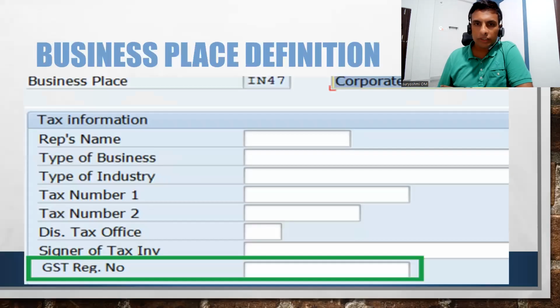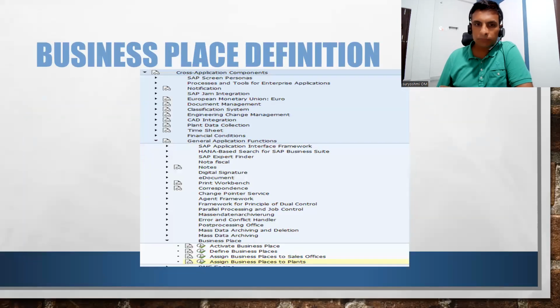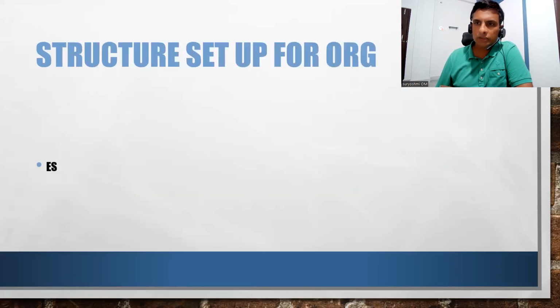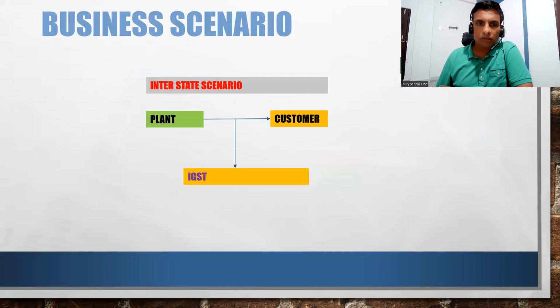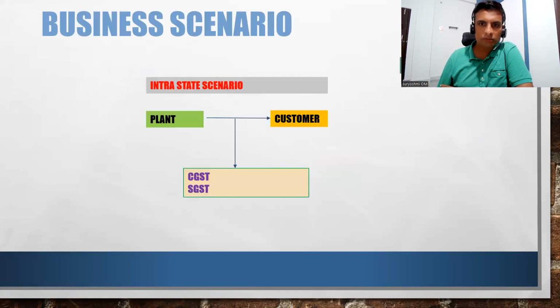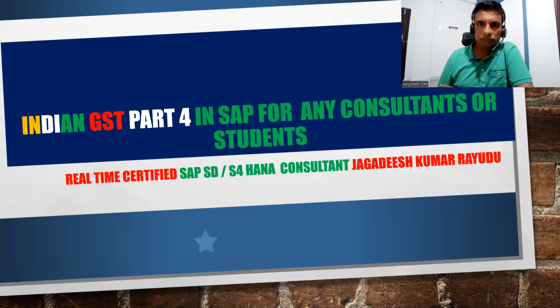Probably we'll try to catch up in the next session with all SD settings. So we'll try to catch up with all SD settings. See you next session. So Jai Hind. Thank you.